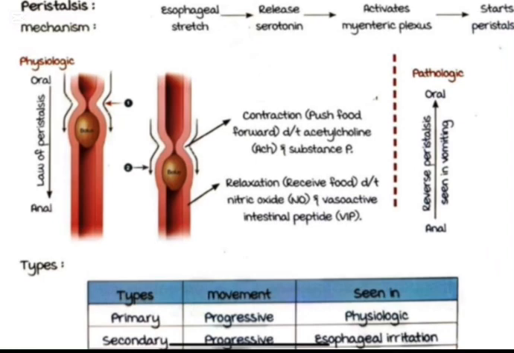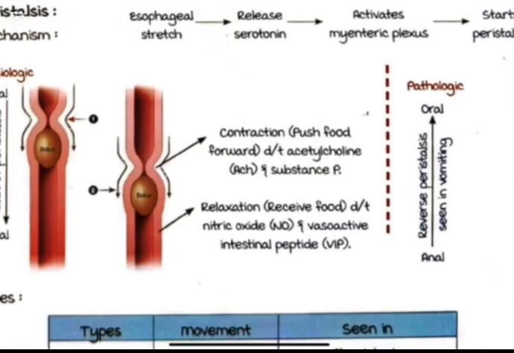Food in esophagus. Peristalsis is the mechanism. Esophageal stretch releases serotonin, then it activates the myenteric plexus, and it starts the peristalsis. Physiological law of peristalsis is from oral end to anal end.